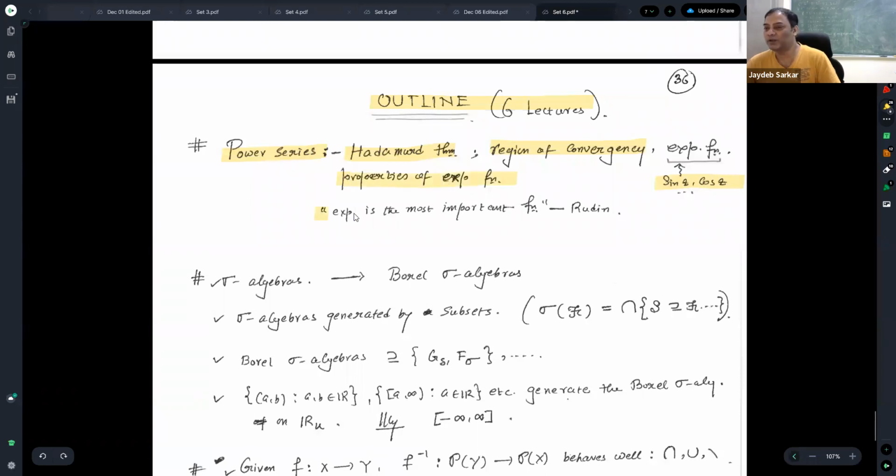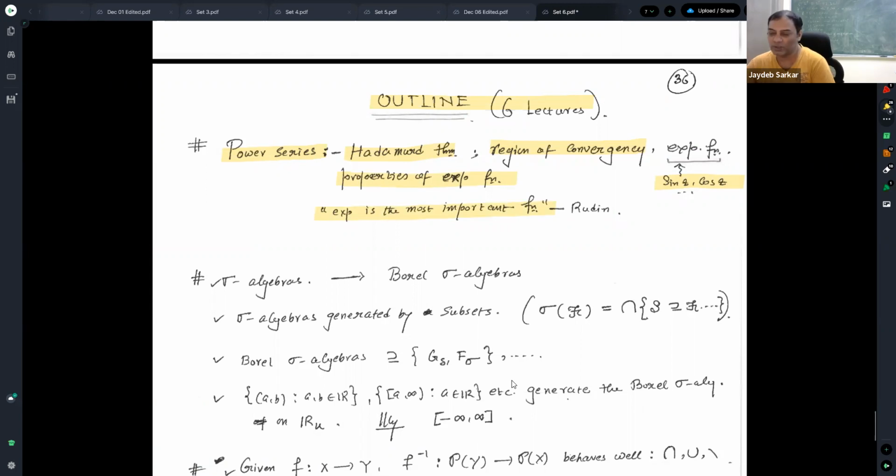And we celebrated this statement of Rudin that exponential is the most important function. Some people say one of the most important functions. That's not what he said. He said the most important function. So we gave some time to honor his comment, which is very, very correct.